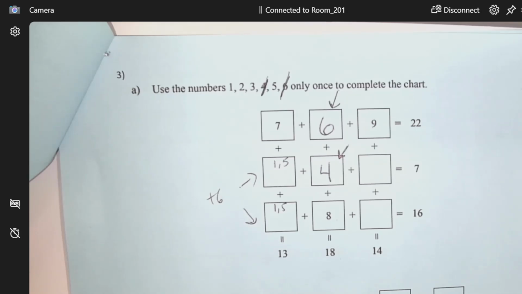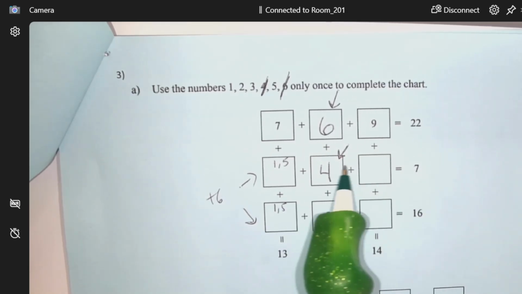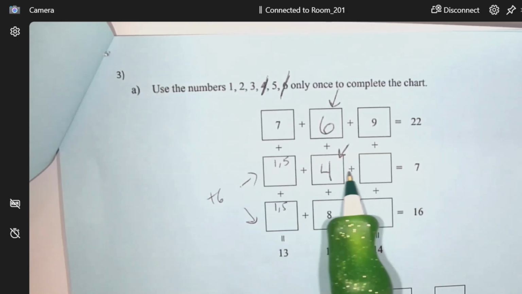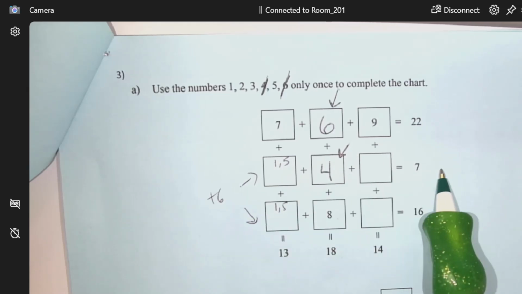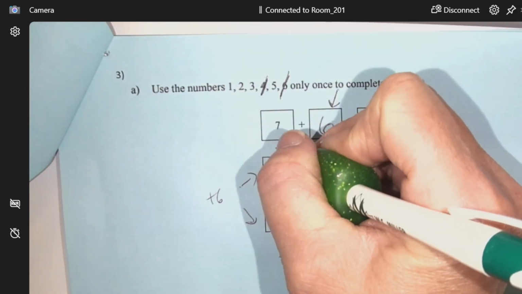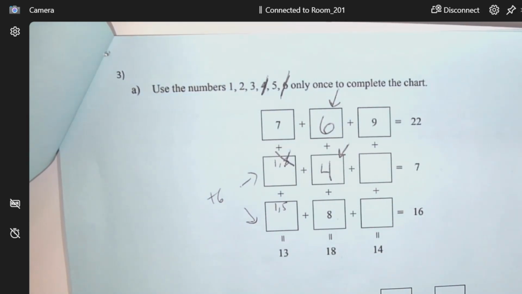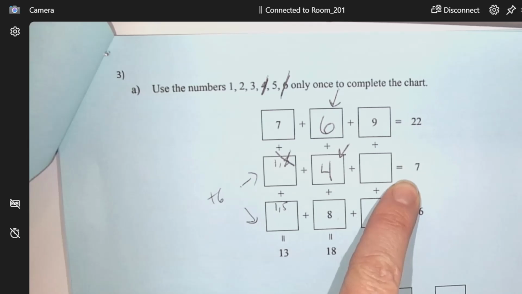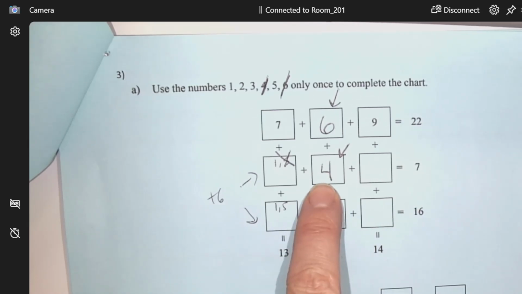I can eliminate something. Does anybody see what I can eliminate? Looking at this across now. What do you think? No for the 5. Why can't I use the 5? I'm already past 7. If I do 5 plus 4, I'm already at 9.